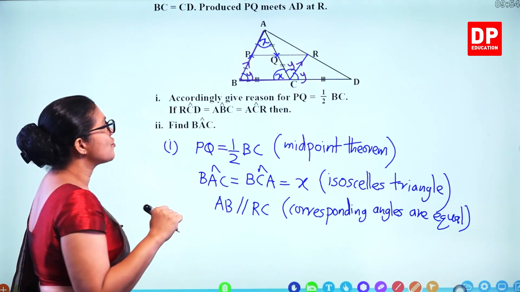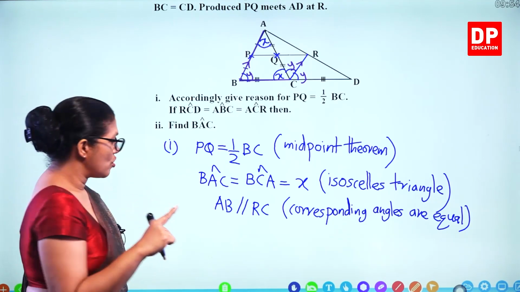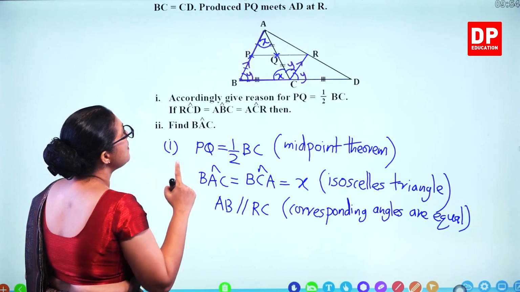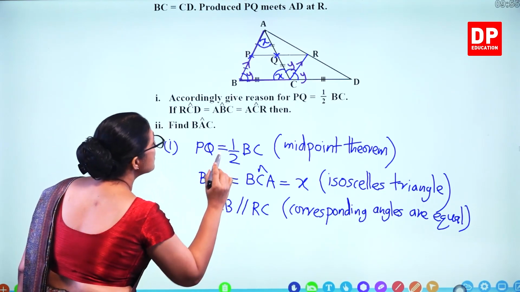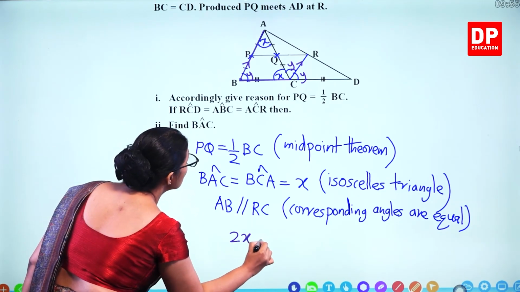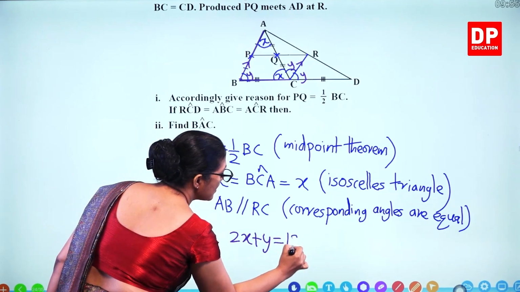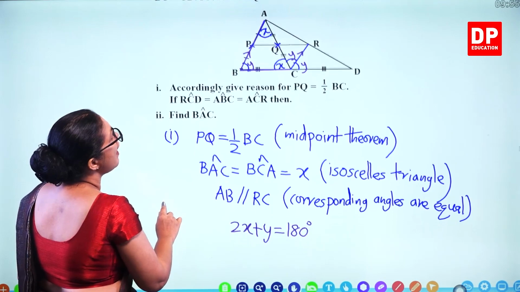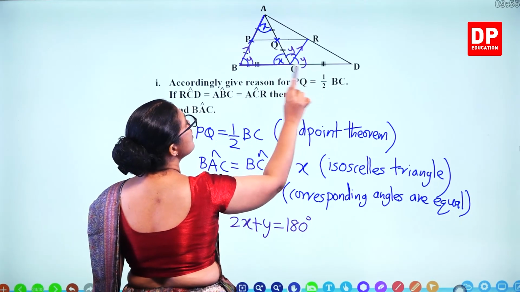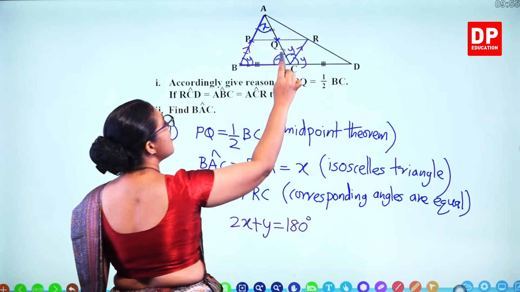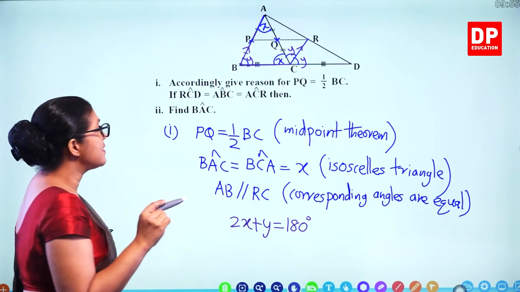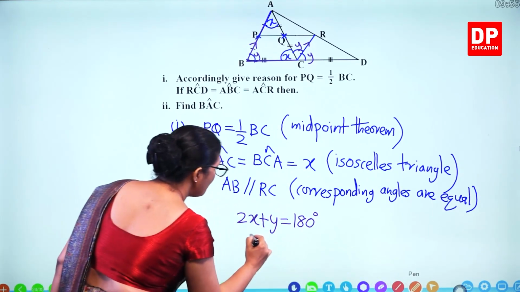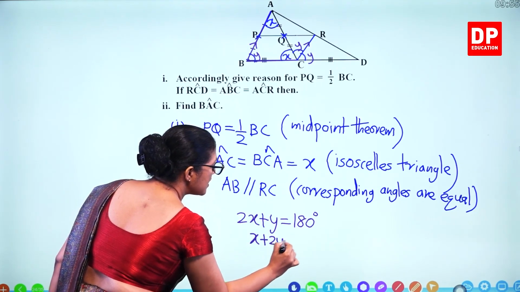Now we have to construct an equation. So we'll take ABC triangle. In ABC triangle I can write x plus x, 2x plus y equals 180. So that's one equation. And also I can write an equation for this. So this is 180, straight angle is there. So x plus 2y is also 180.